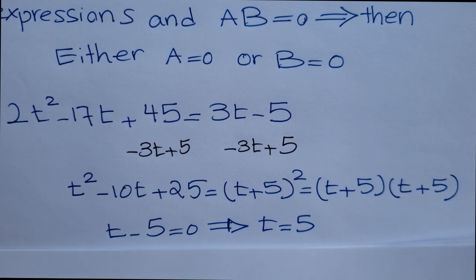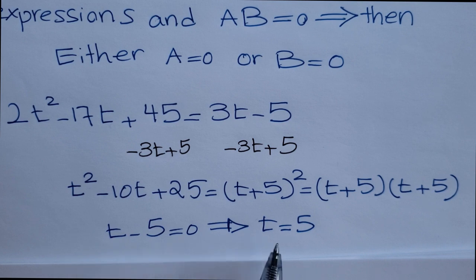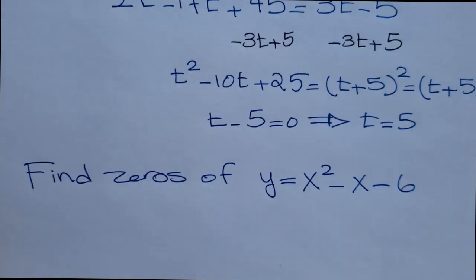So from here you could say that either the first bracket or the second bracket is 0. In both cases the answer would be 5. So again, t equals 5 is an answer, but it's repeated twice. So this expression has one set of identical roots.